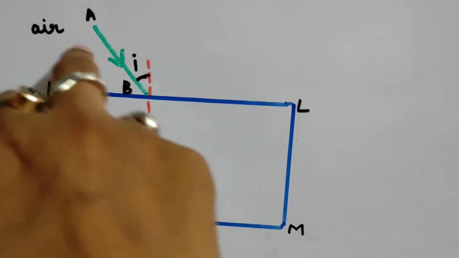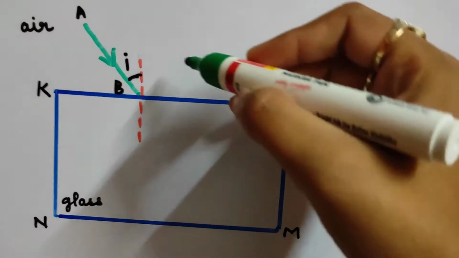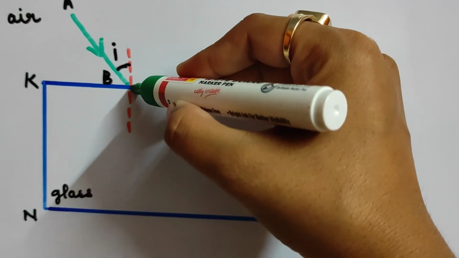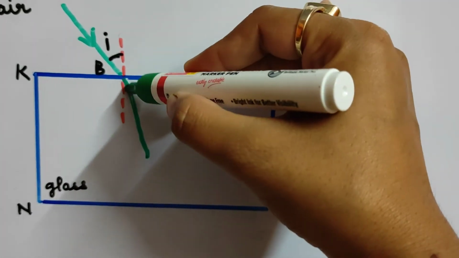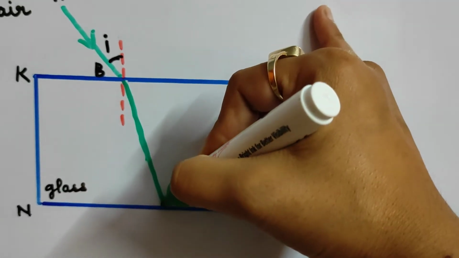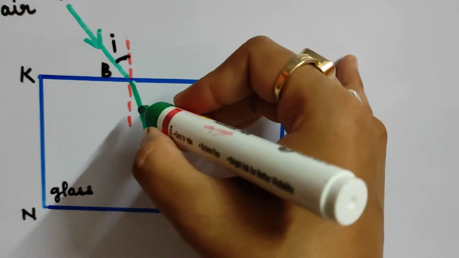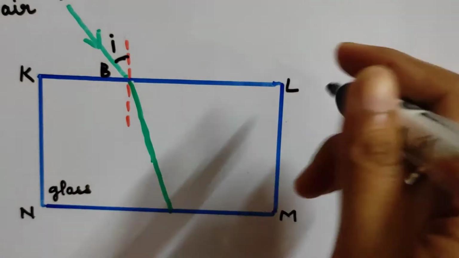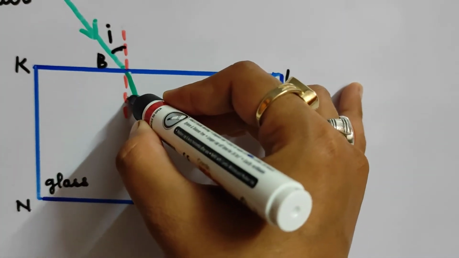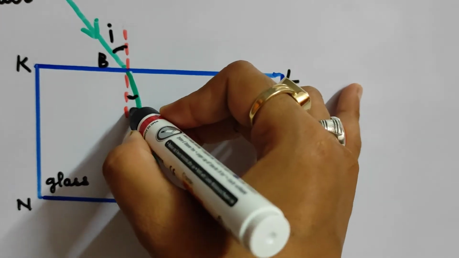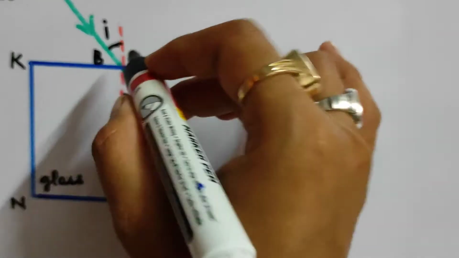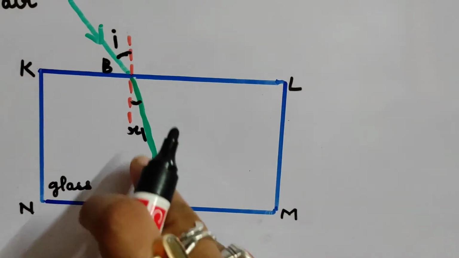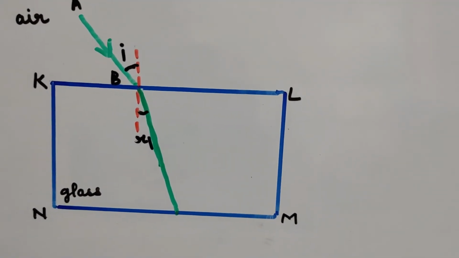When light travels from rarer medium to denser medium, it is always bent towards the normal. Okay. So this ray of light is bent towards the normal. How can you see that? You can see that the angle formed here is less than the incident angle. And let us say that this angle is R1. Fine.